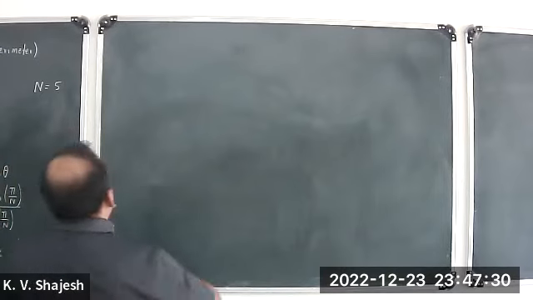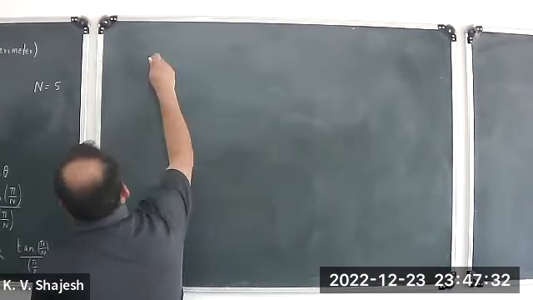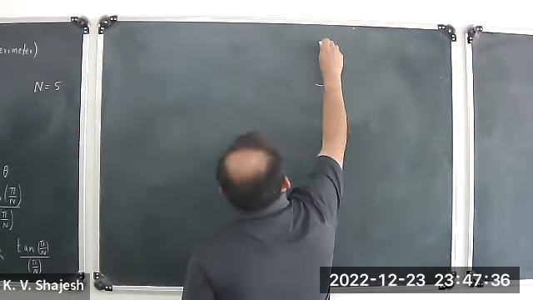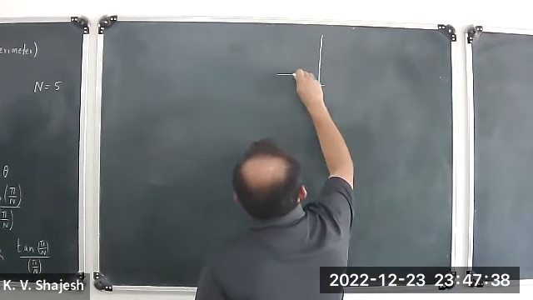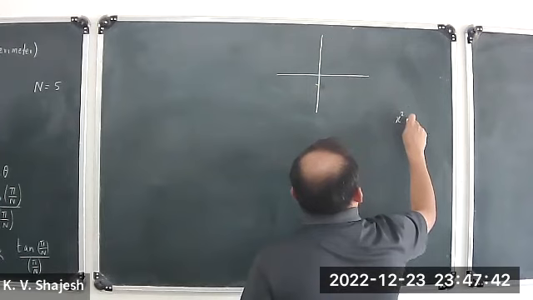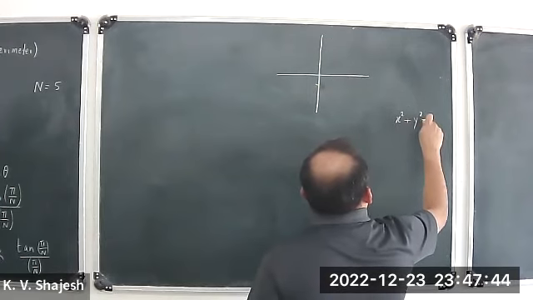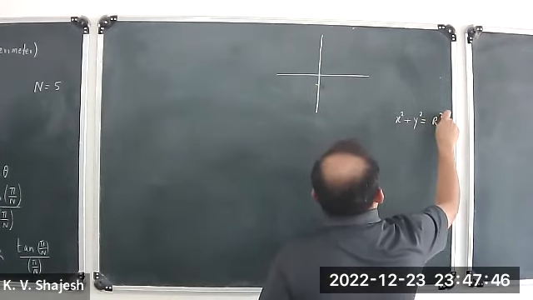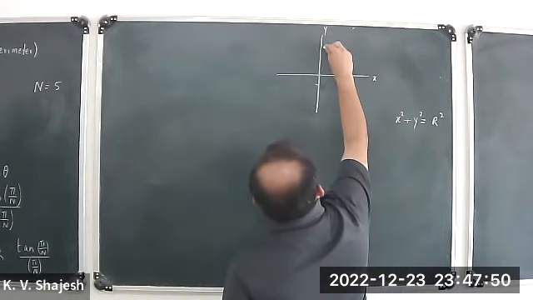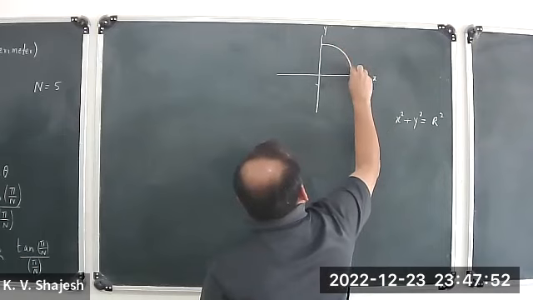So let's do the same circumference now using calculus. So you now say that you know the equation of a circle. So x square plus y square is equal to r square, and that's your y, that's your x, and that's your circle.